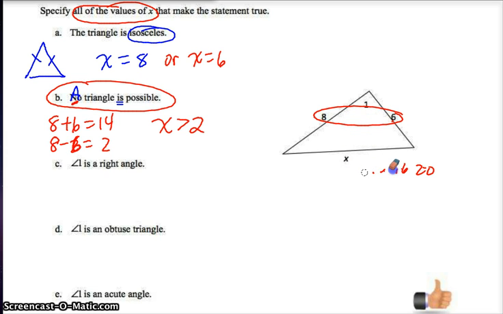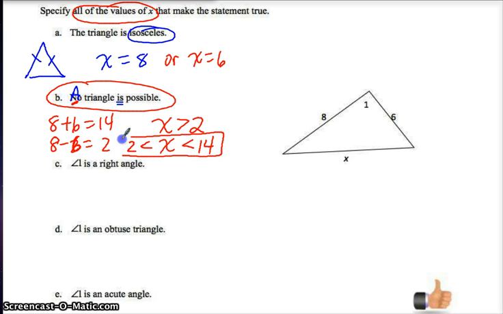So we have to make 14 the highest possible number, but it can't equal 14. So x has to be less than 14. So it's actually caught in between 2 and 14, right? X has to be in between the sum and the difference of these two given numbers in order for that triangle to exist.